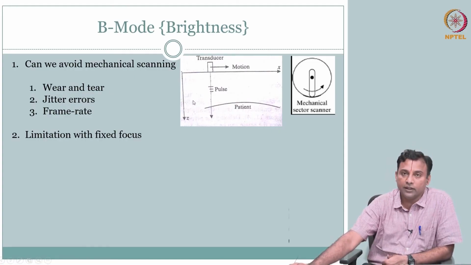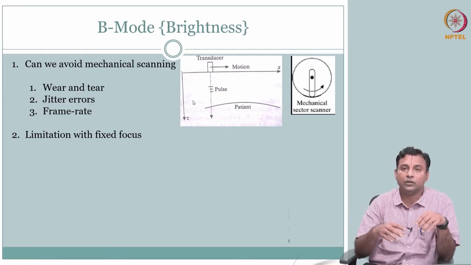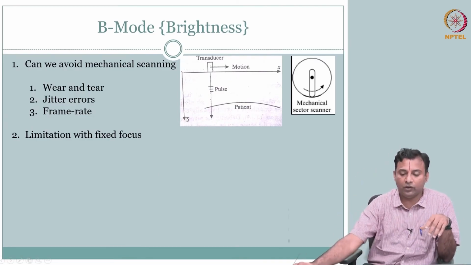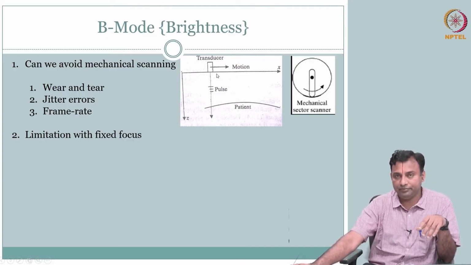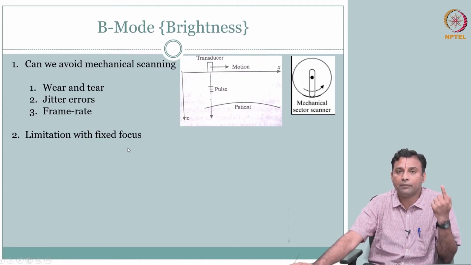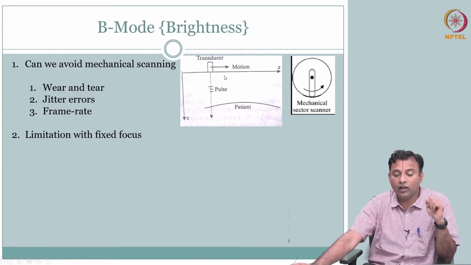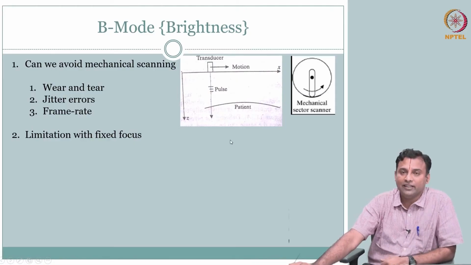You have only fixed focus, not just fixed focus on transmit, the waves that are sent out, even the receive, the echoes that are coming back, they are also going to have the fixed focus effect which was done for that particular curvature of the lens. So this is a big challenge. Ideally you want all the pixels in this image to be at the focus, right?